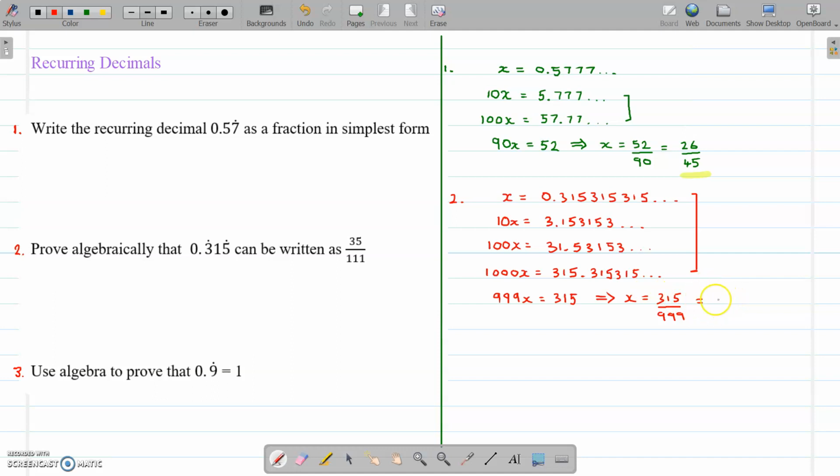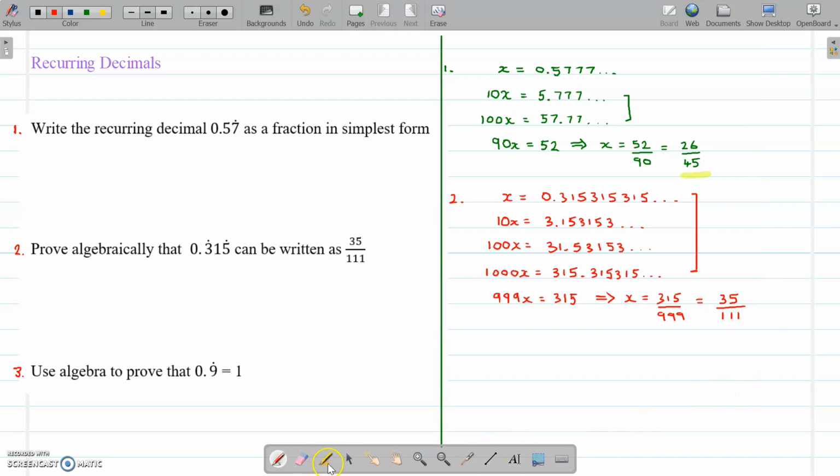A quick calculation shows that 11 nines are 99, so 33 nines are 297, plus you've got another 18, which is another 2 nines. So you get 33 plus 2, which is 35. So 9 goes into 315 35 times, and obviously it goes into 999 111 times, and that is the answer that you had to prove.